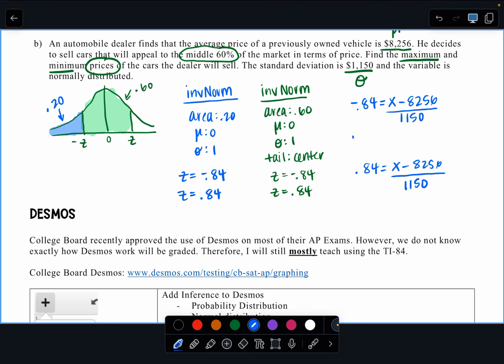I am going to say that the minimum price is $7,290. The unit in this case is dollars, which is why I have my dollar sign. And I'm going to have 0.84 times 1150 plus 8256. And this is going to be my max. So 9,222.